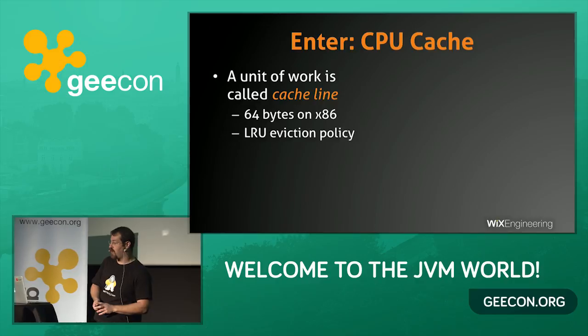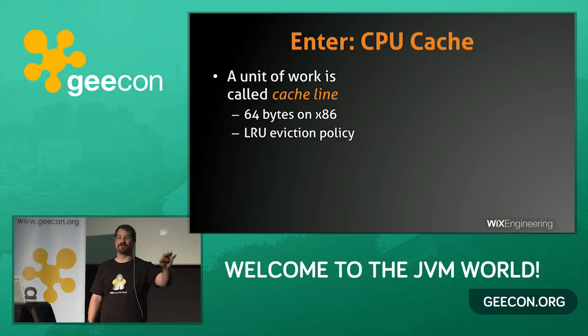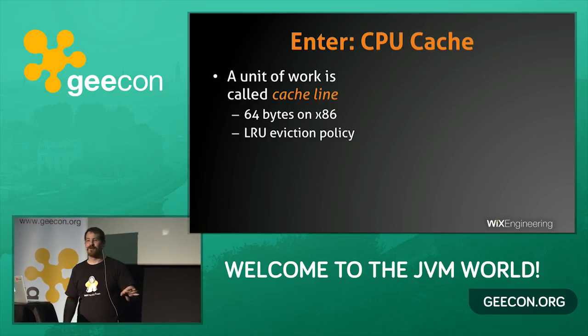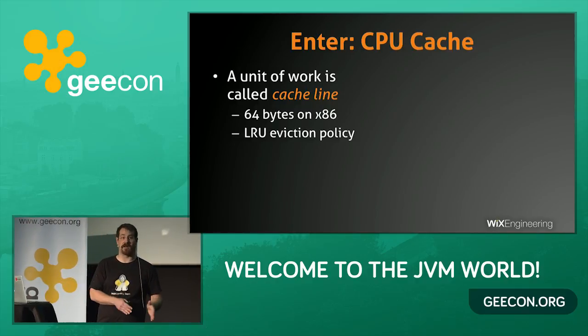What this means is that when you read a single bit off of memory, like a Boolean flag somewhere, you don't actually read off 1 byte from main memory. You read in the entire 64 bytes, and that gets populated in the cache.